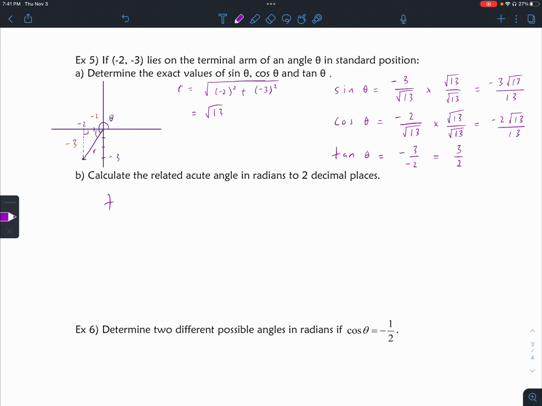So tangent of theta is equal to 3 over 2. Recall that in order to find theta, we just do the inverse operation. This is known as arctan, or tangent inverse.